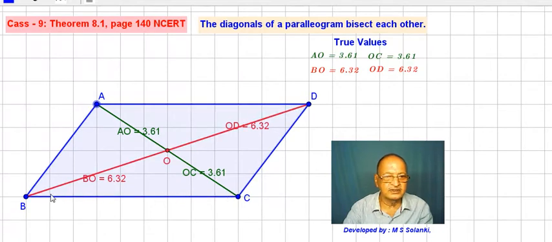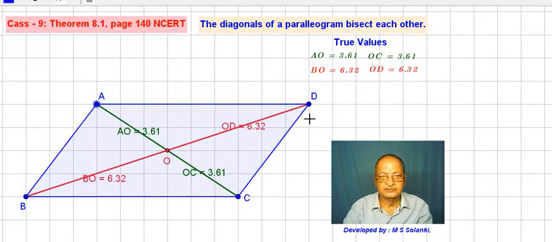Here also you will see BC is 9 units, AD is 9 units. They are on parallel lines, so it will certainly be a parallelogram. Now here you can see AO is 3.61 units, OC is 3.61 units, BO is 6.32 and OD is also 6.32 units.